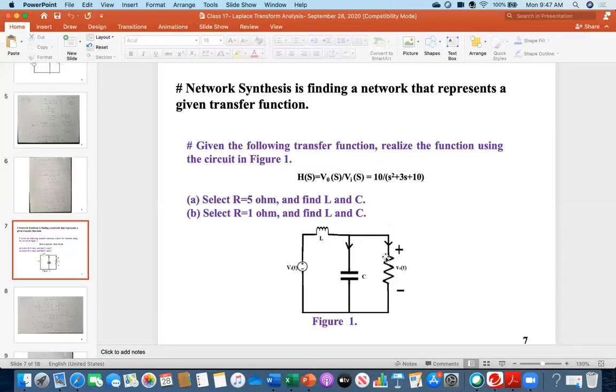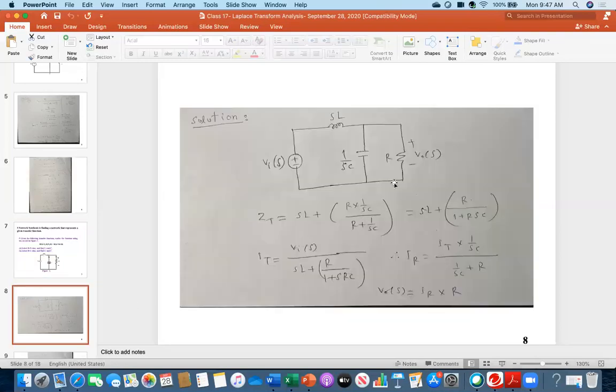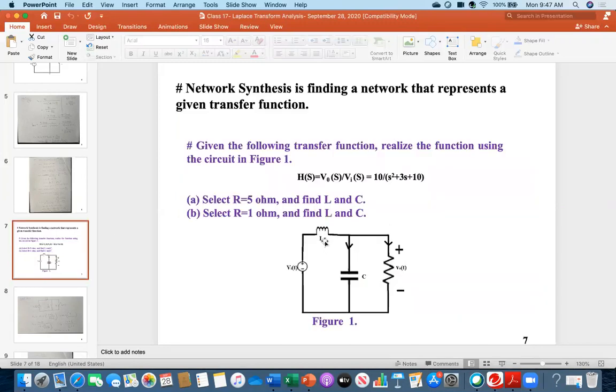So therefore, everybody see, first, you find out the transfer function, and at the very first step, you find out the Laplace equivalent for this circuit. That is the very first task. I expressed it in terms of s, and it was the inductor, so what will it be? It will be sL.